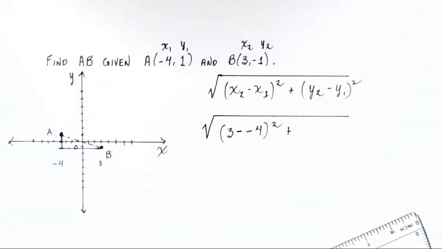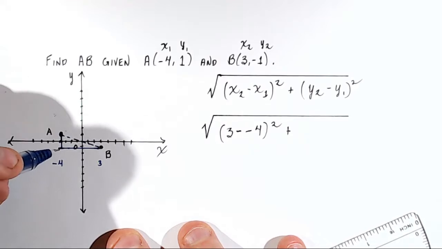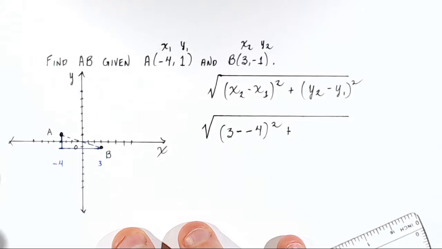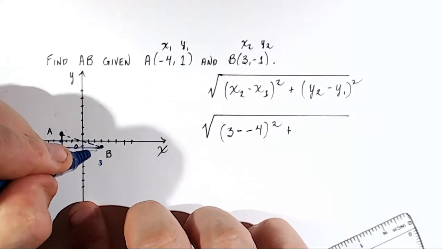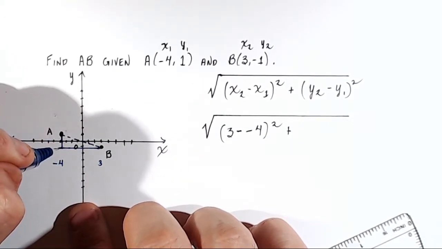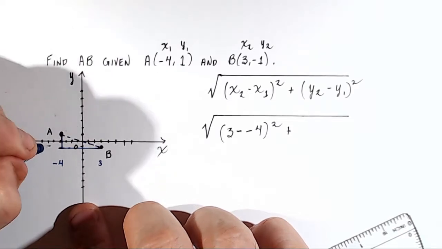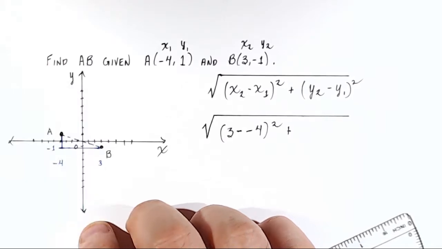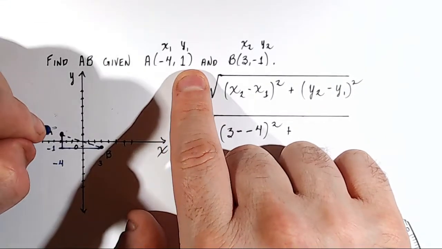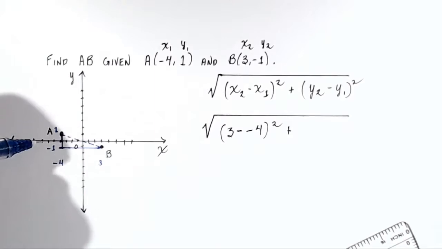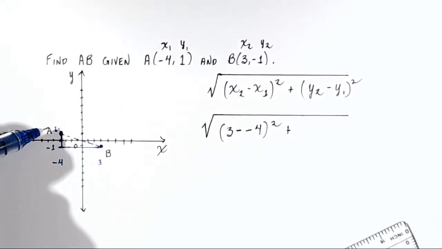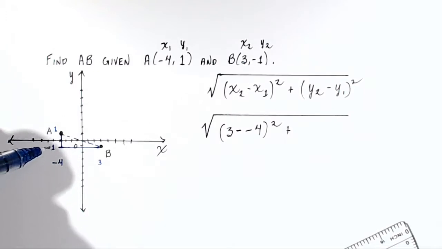All right, now let's work on the y values. What is the y coordinate of the B point? The y coordinate of the B point is located at negative 1. So that's negative 1. And then what's the y coordinate of the A point? 1. Okay, so let's visually do this. What is the distance on the vertical axis between negative 1 and 1?